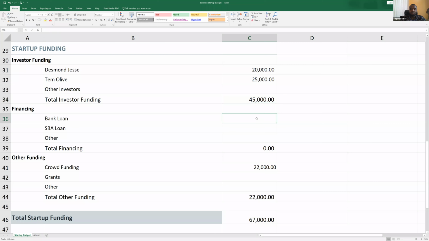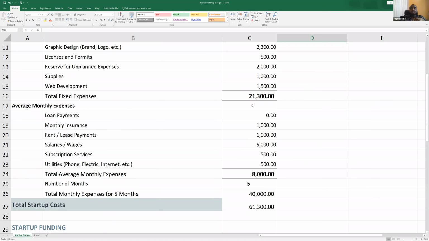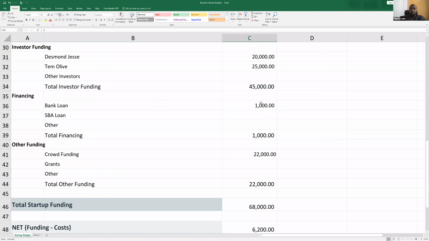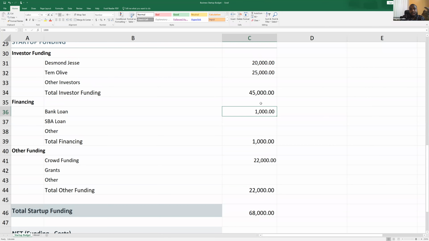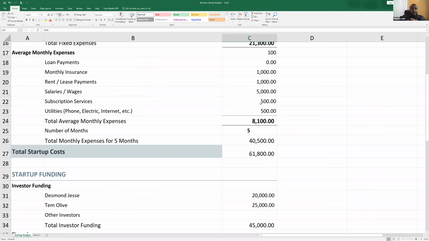But if they have any loan, they have to put 1,000 shillings there. And remember, if you're having a loan here, ensure that you have loan repayment in your monthly expenses. So we've placed here a loan of 1,000 and a repayment of 100 per month.